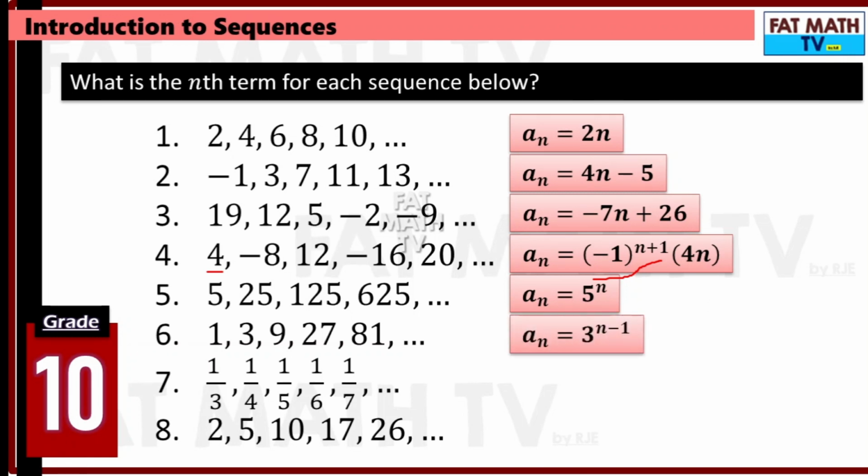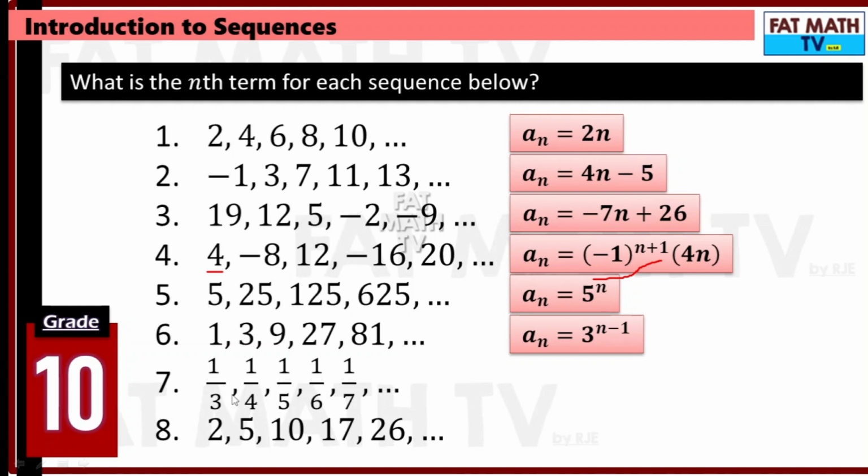So when n is 1, this is going to be 1 minus 1, 0. 3 raised to 0 is 1. Correct. And then when n is 2, 2 minus 1 is 1, 3 raised to 1 is 3. When n is 3, 3 minus 1 is 2, 3 squared is 9, and so on.